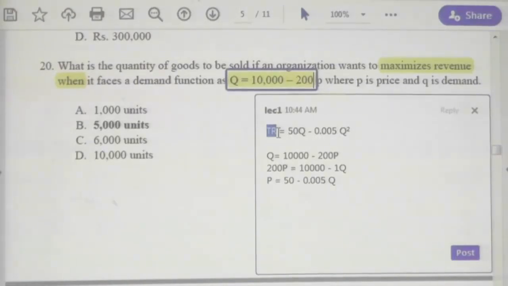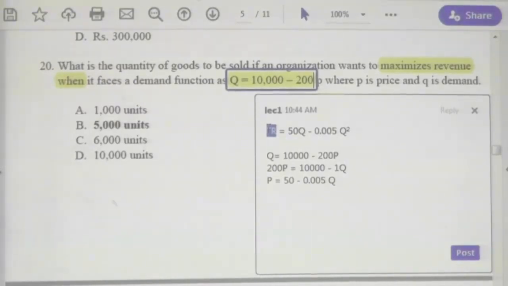Got it? To take the maximum or minimum value of this TR, what do you need to do? You need to find out the turning point. That is the theory. I will repeat it. Listen to me carefully now.